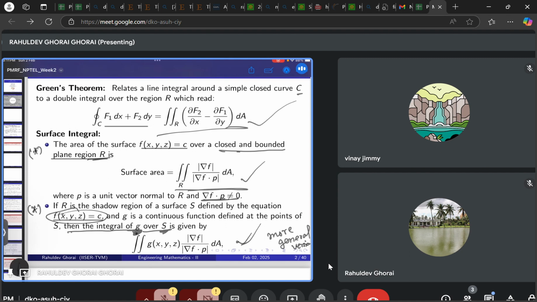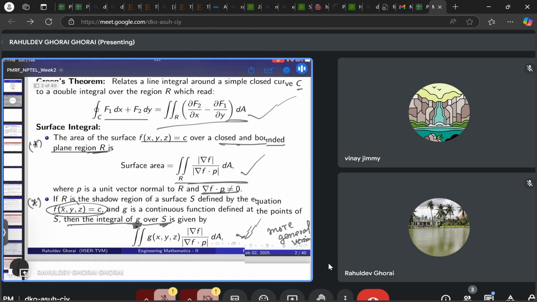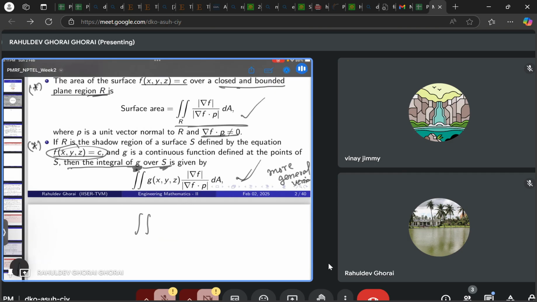Here the integration is over R, and you want to find the integral of g of x y z over the surface f.